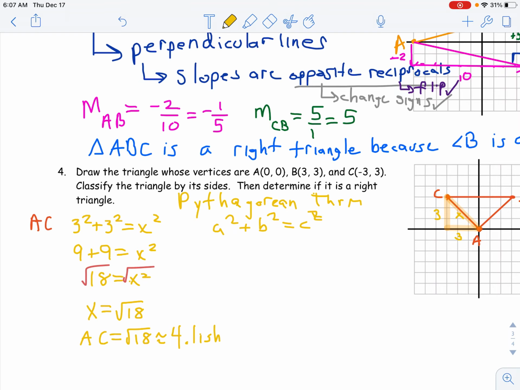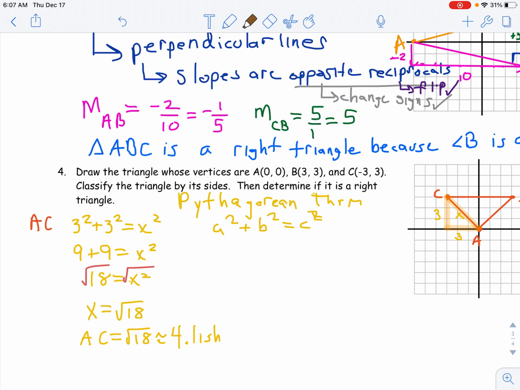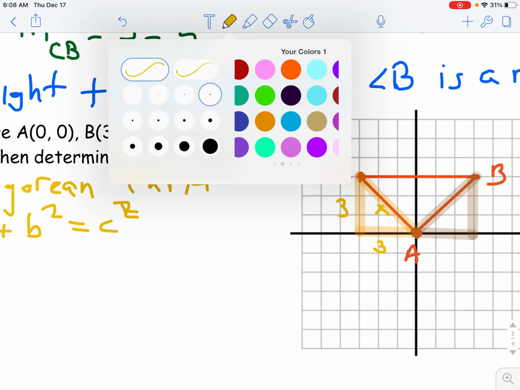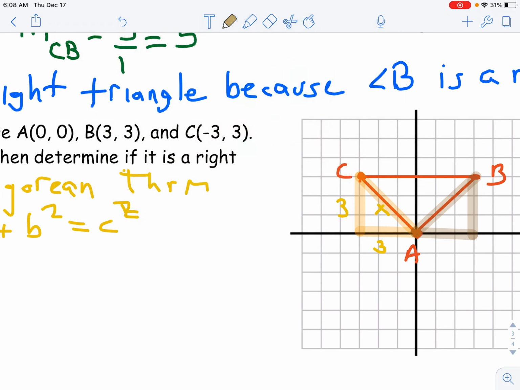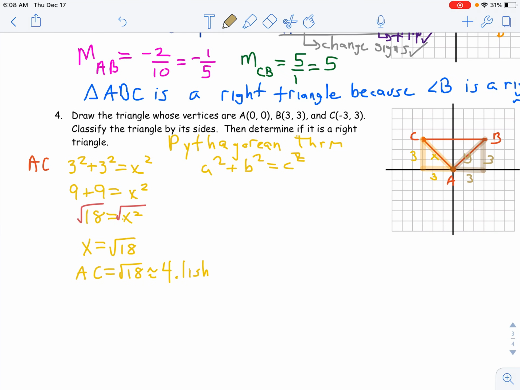All right. Now, similarly, set up the Pythagorean theorem shortcut over here, so just make a right triangle. And this probably won't blow your mind too much, but we have 3, 3. For fun, I'll call this y instead of x. So to find AB, we're going to have 3 squared plus 3 squared equals y squared.